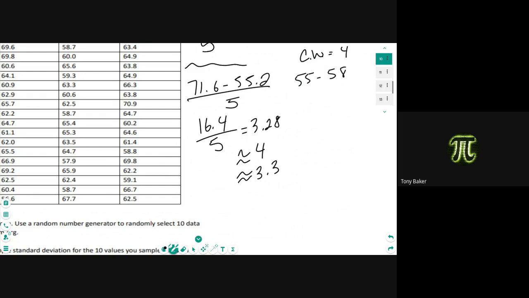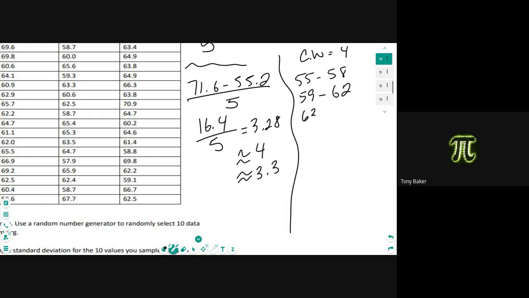So if we did a class width of 4, what's the next one going to be? 59 to, what was it? Yes. Yep.